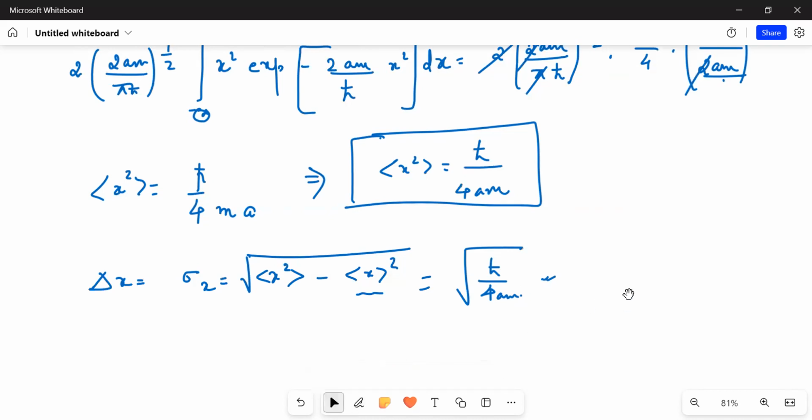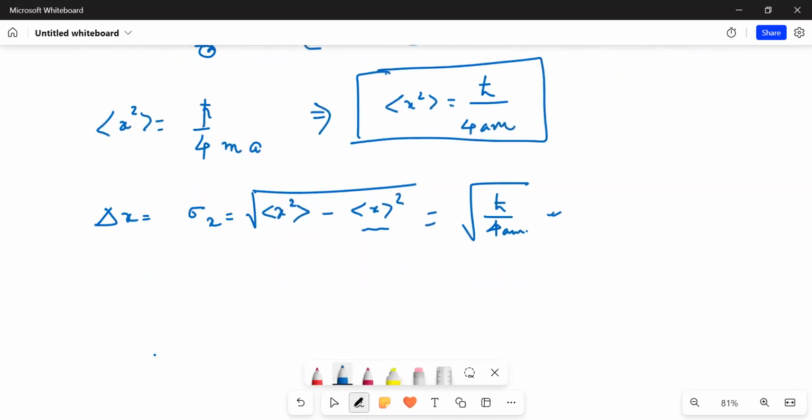Okay. Now, if I want to find the expectation value of p, yesterday itself I told you that this will be equal to the integral from minus infinity to plus infinity of psi star, and then you have minus i h cut, and then del by del x of psi. Just remember one thing.